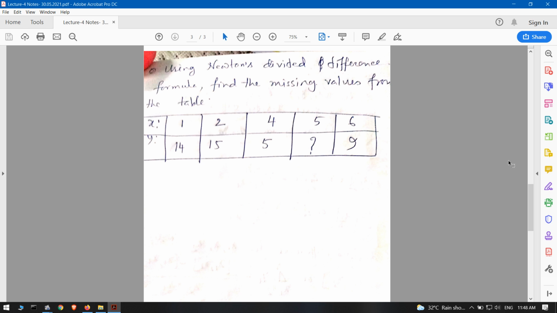Sir, 3. So it is 27 minus 24 equal to 3. Yes.